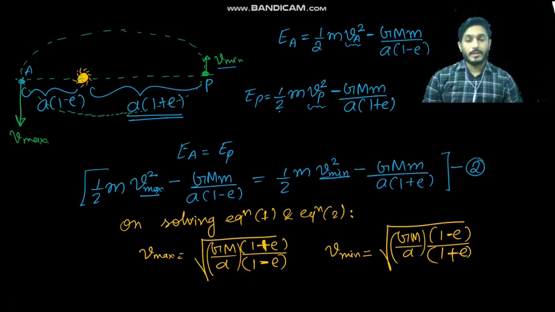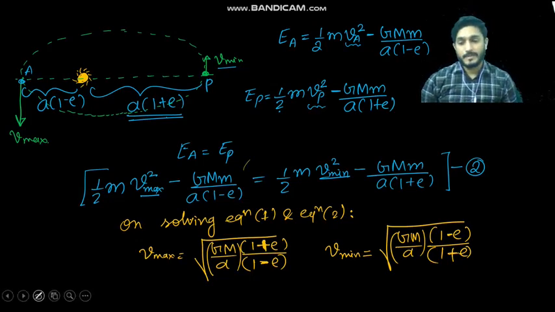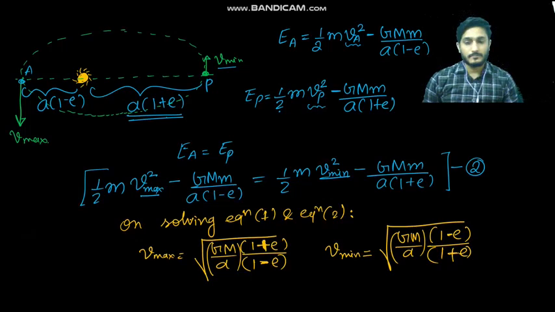Right? So here we have reached the point where we are able to calculate vmax and vmin of the planet revolving in an elliptical orbit around the sun. What if I put these values of vmax and vmin in the original energy equation? What do we get? Let's see. I am going to put vmax for va in this equation.